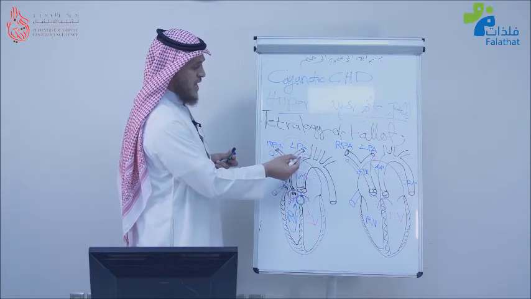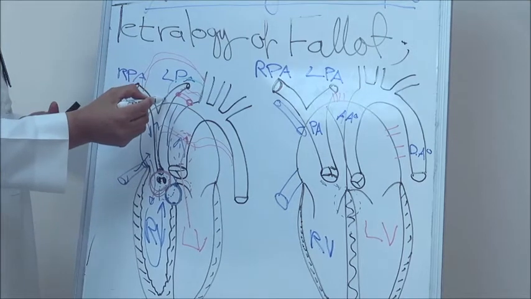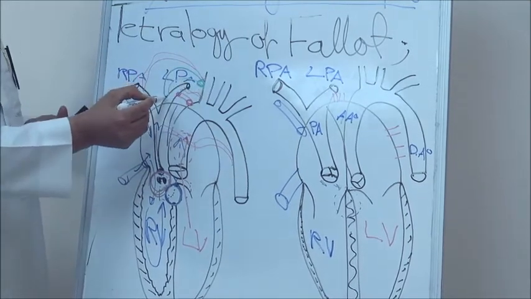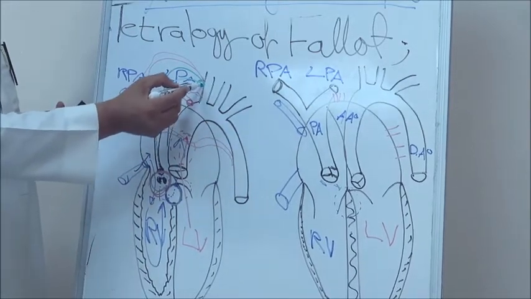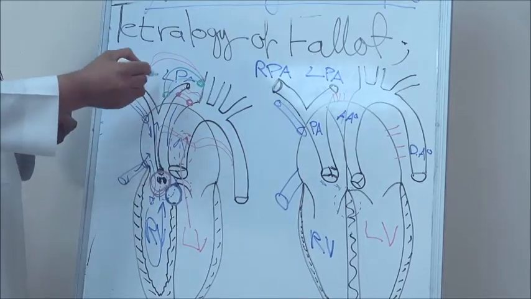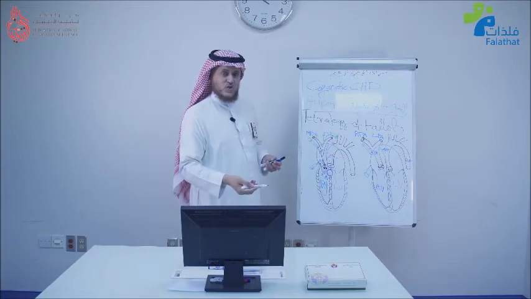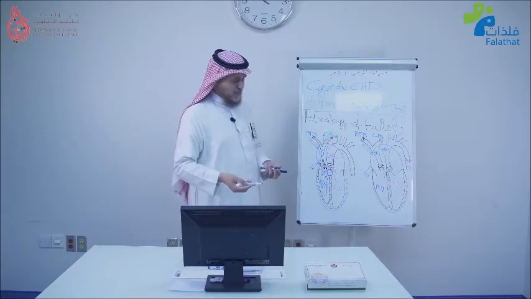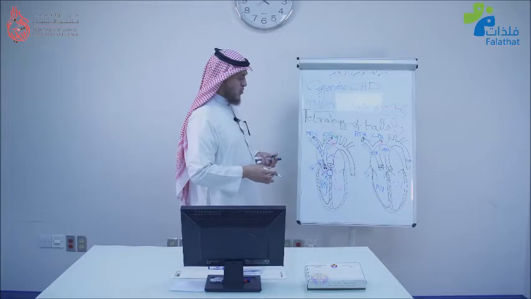We said this is the PDA. Now the surgeon actually can create his own shunt between one of the arteries from the neck. Usually it is the subclavian artery we take, or the root of the innominate, to the pulmonary artery. And now we have restored the blood going to the pulmonary blood flow, so better oxygenation, less cyanosis, better aerobic metabolism. Now we're starting to reverse the whole thing back.